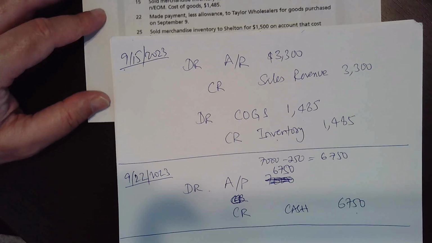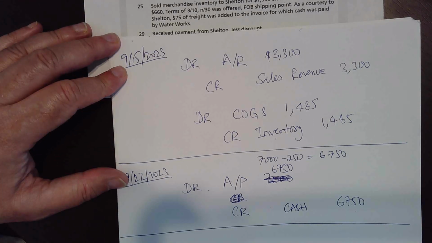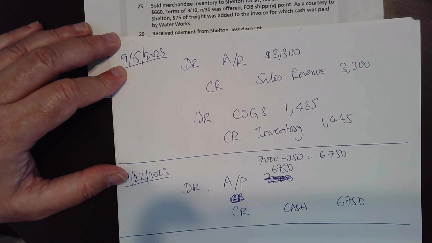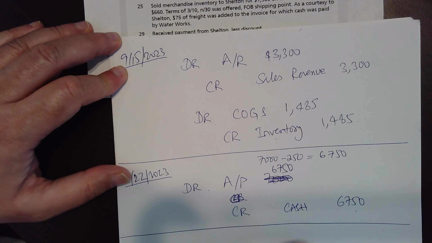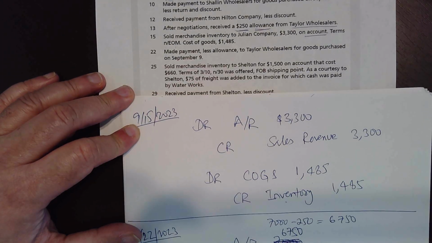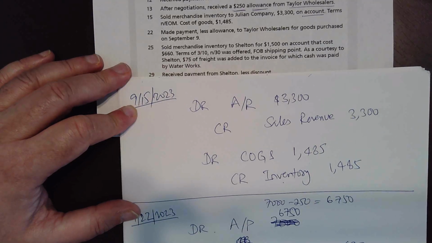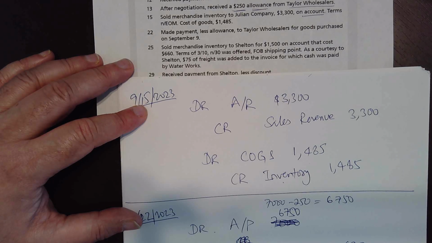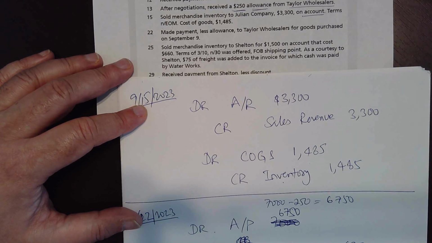Okay. Now we move to September 25th, 2023. On September 25th, we sold merchandise inventory to Shelton for $1,500 on account that cost $660. All right, so let's make the journal entry for this one first.